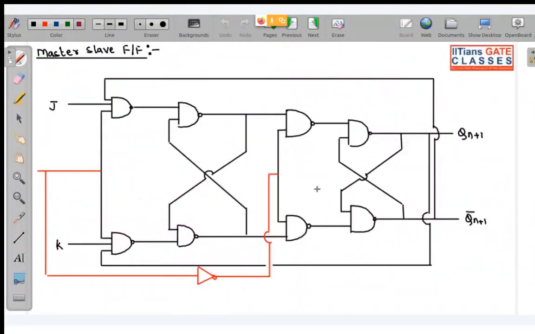So we have another method, and that method is the master slave flip flop. I want all of you to very quickly copy this down. Copy this circuit. I will be back in like 1 minute.